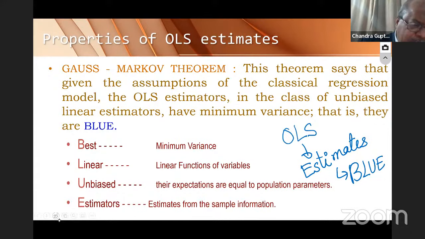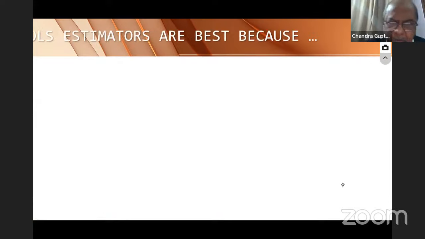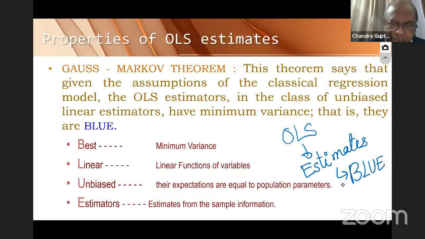By BLUE, we mean best linear unbiased estimator. They are best because they are unbiased, because they are consistent, and because they have minimum variance.